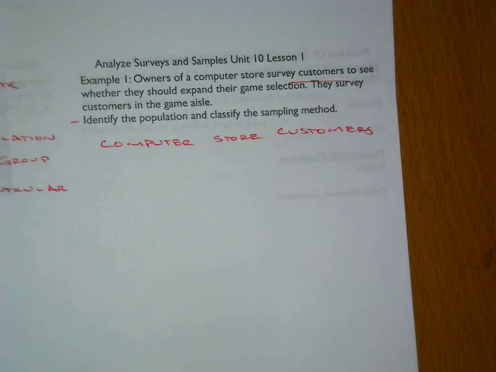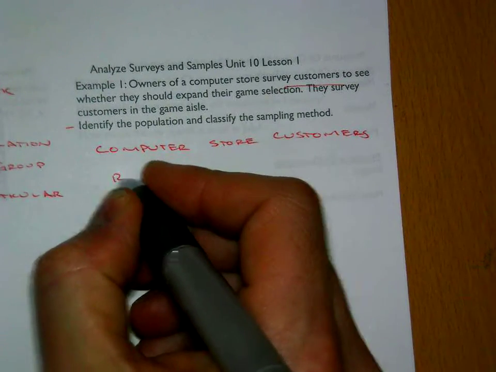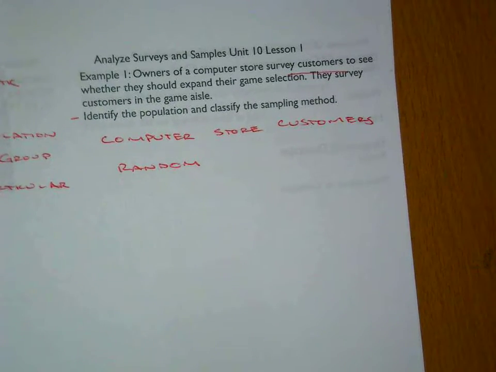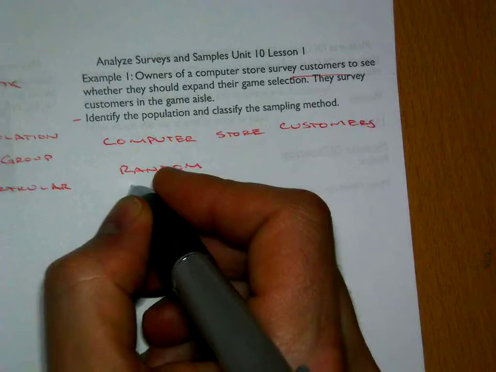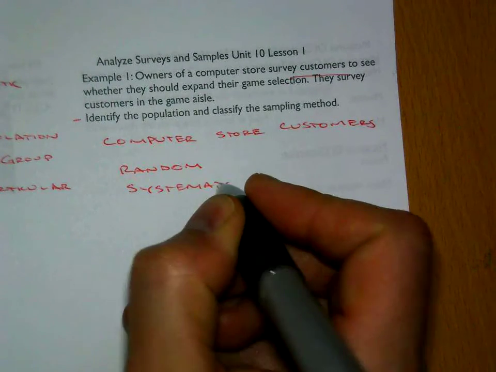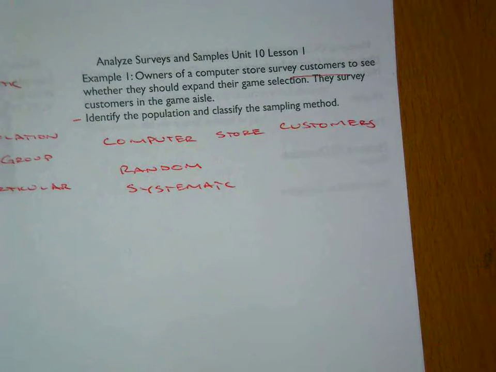Okay, and there's actually a number of different survey methods or sampling methods. There's random sampling, where you just kind of randomly pick people. There's systematic, where you're using a certain rule to select members of the population.